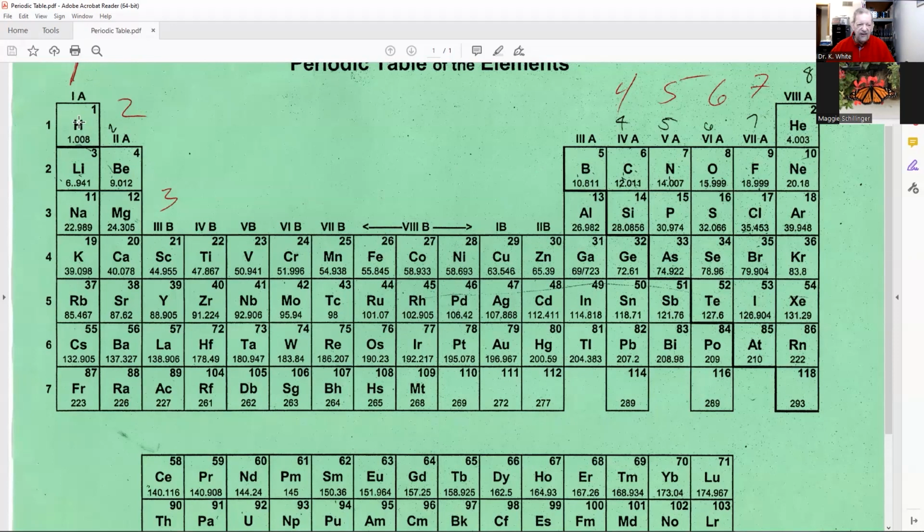Hydrogen, underneath the chemical symbol, you see the number 1.008. That's the atomic weight of hydrogen. Now, on test number 2, it says, please use all atomic weights to 3 significant figures. So if we round that off, we keep the 1, keep the 0, keep the 0.